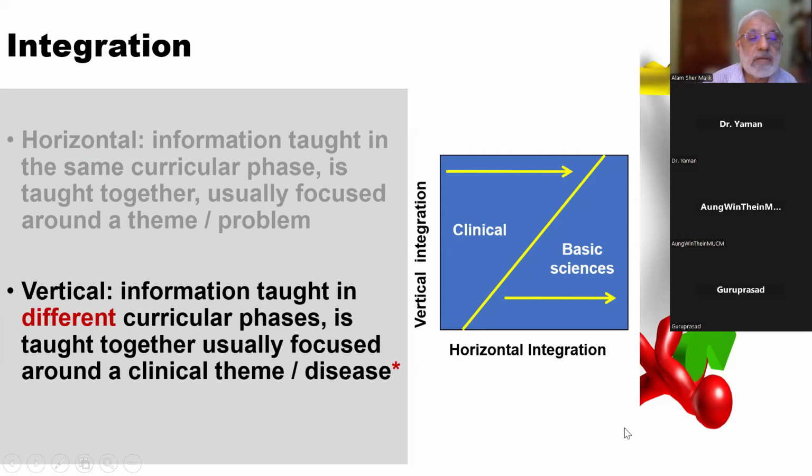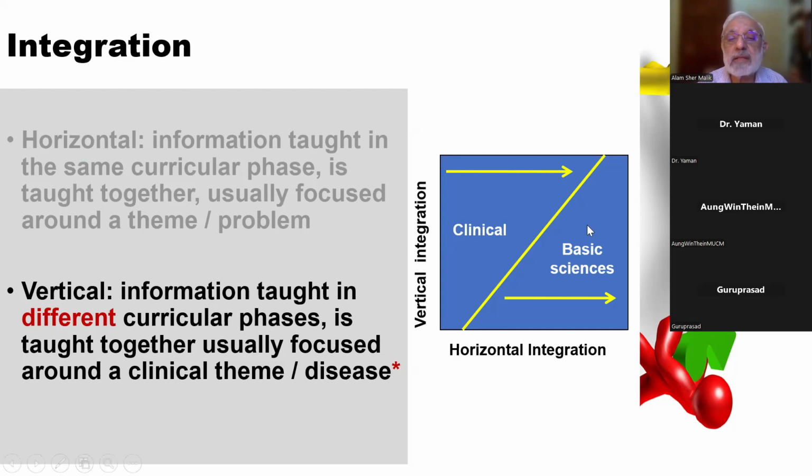So vertical integration means that information taught in different curricular phases is taught together, usually focused around clinical themes. This means that both basic sciences and clinical sciences are taught together.